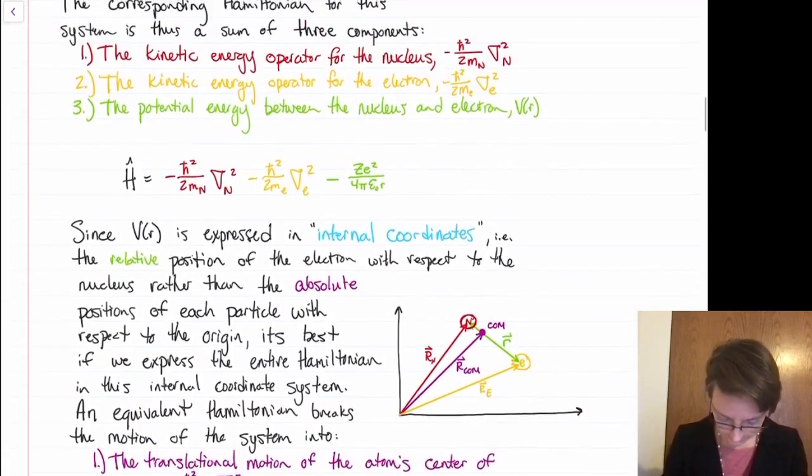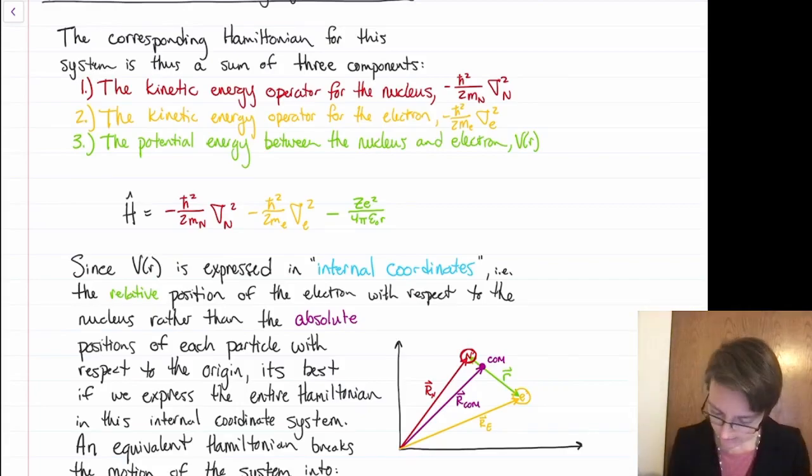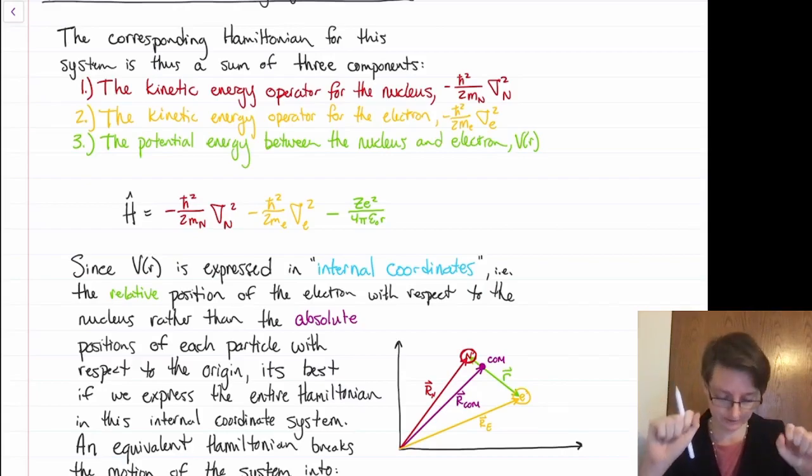Now, I want us to think a little bit about this coordinate system because it's pretty complicated. In particular, we have to be consistent about what coordinate system we are using to describe this problem. And our potential energy is expressed in terms of what's called internal coordinates. That means it's trying to describe the relative position between the nucleus and the electron.